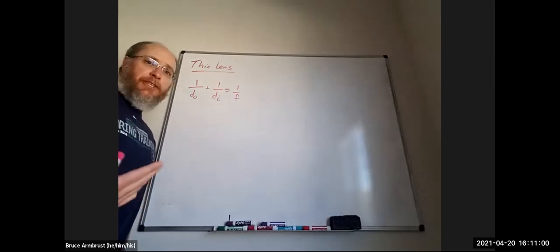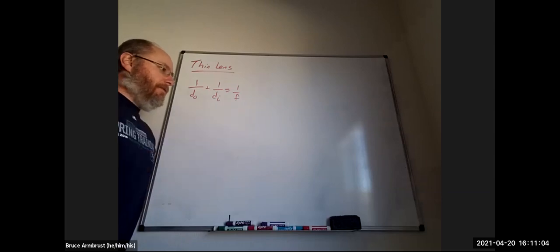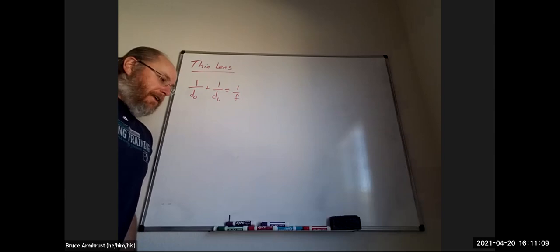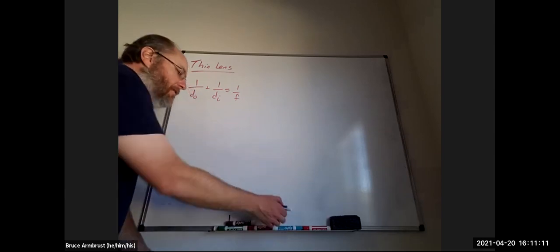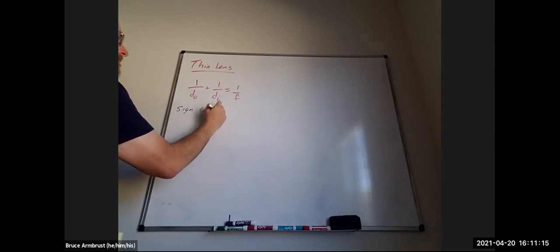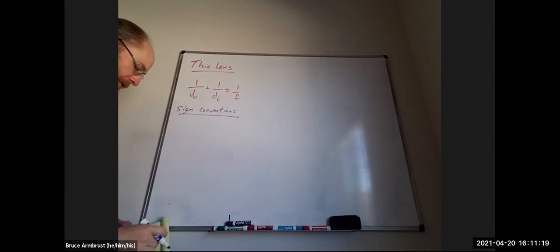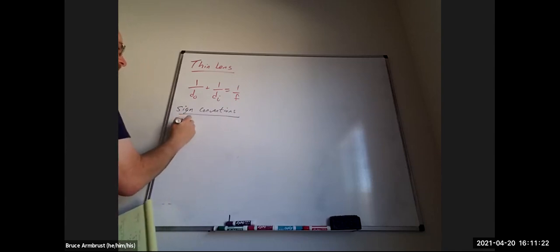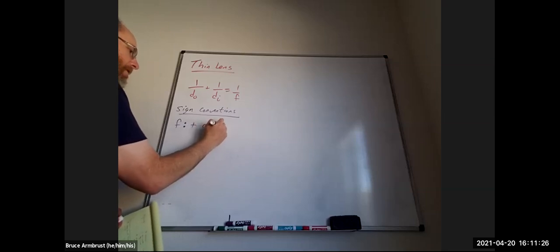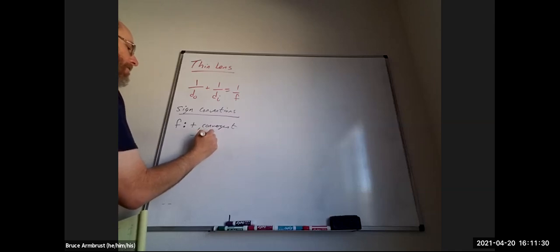And whether it's convergent or divergent, it doesn't really matter. We still get to use the same formula. But I just want to remind you also, the sign conventions are slightly different, right? And every time we do these, I'm going to remind you about the sign conventions because it's super important. In terms of F, it's positive if it's convergent, and it's negative if it's divergent.